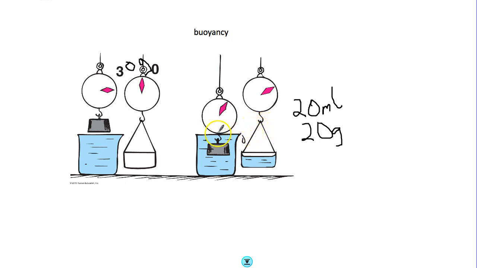Well, here's the deal. Over here we have 30 grams times the acceleration of gravity, 10 meters per second squared. And so we have this force of gravity, which is basically 300 newtons pushing down on this.